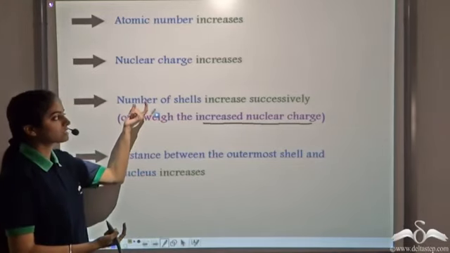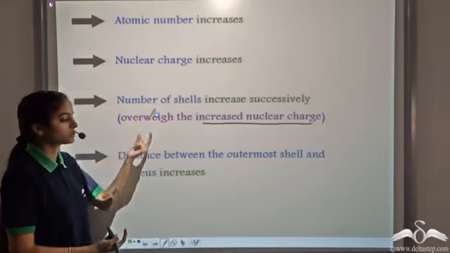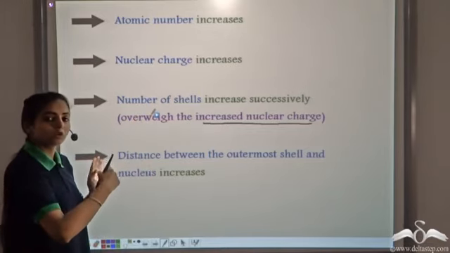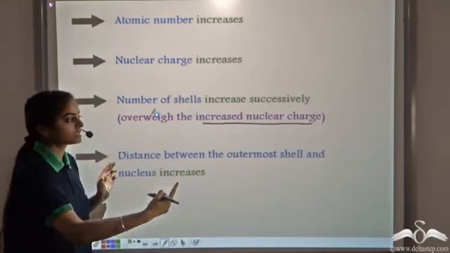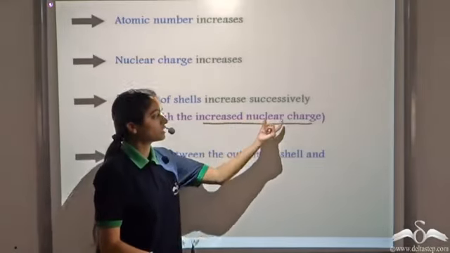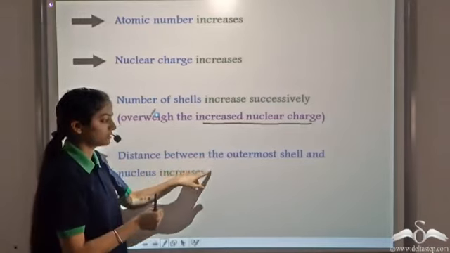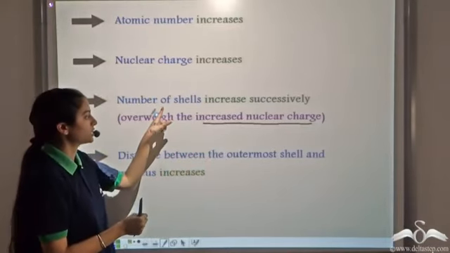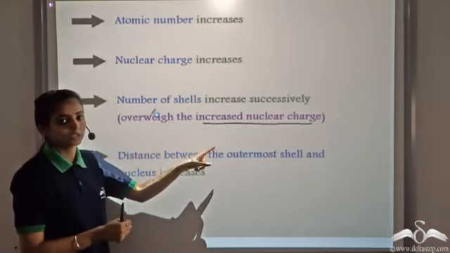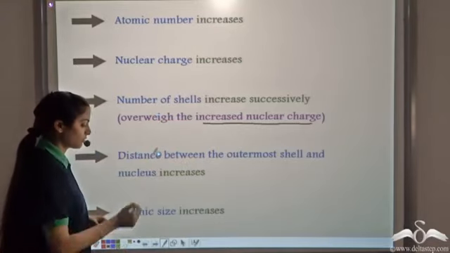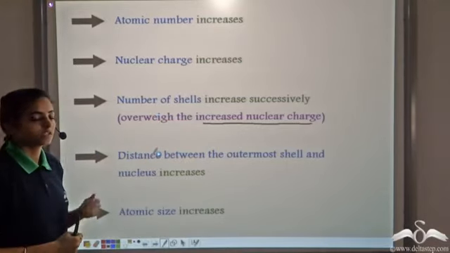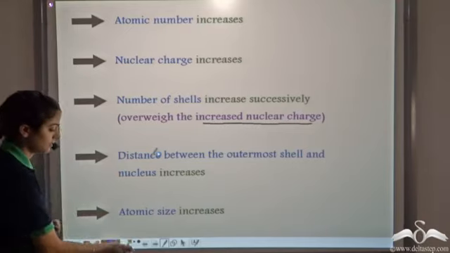So one effect is of the number of shells. As the number of shells increases, the distance between the outermost shell and the nucleus is increasing. But the effect of increased nuclear charge is that it pulls the outermost shell. But the effect of the increased number of shells overweighs the increased nuclear charge, and in effect, the atomic size increases due to the increase in number of shells.